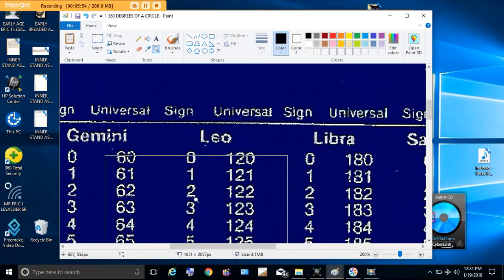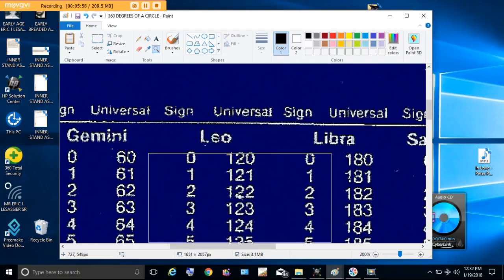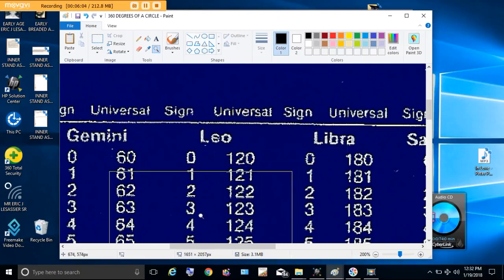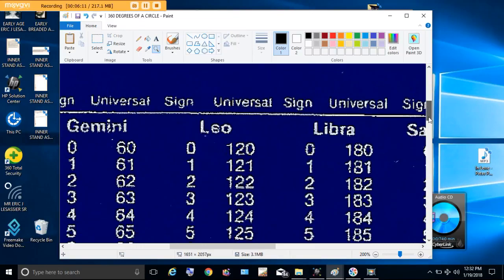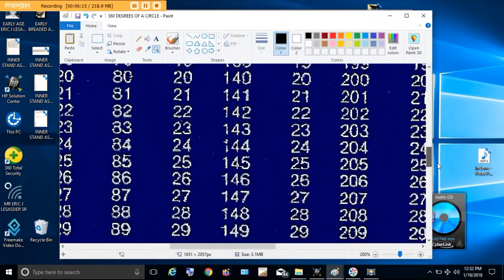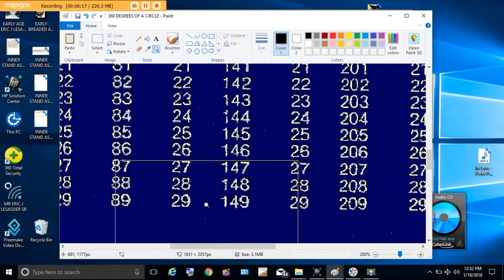The second day, it will equal 122. So this is the value placed on the degree that the sun is in at that particular day, as it passes through that sun sign, Leo. So we go to the 29th degree, and that 29th degree equals 149.